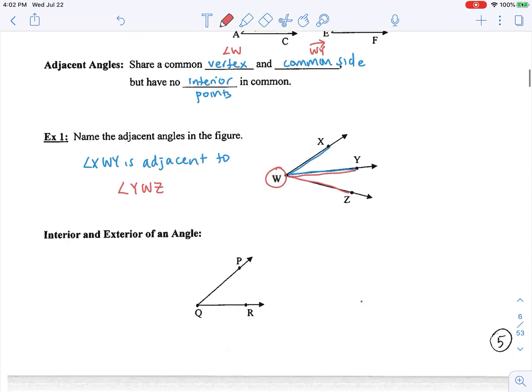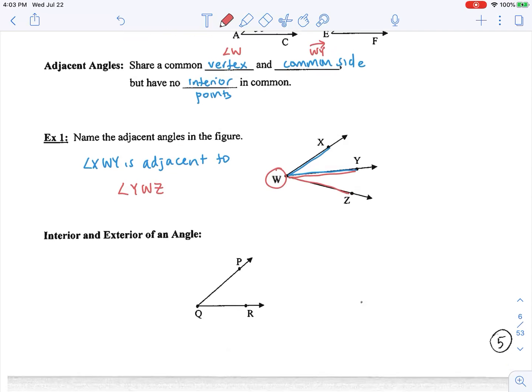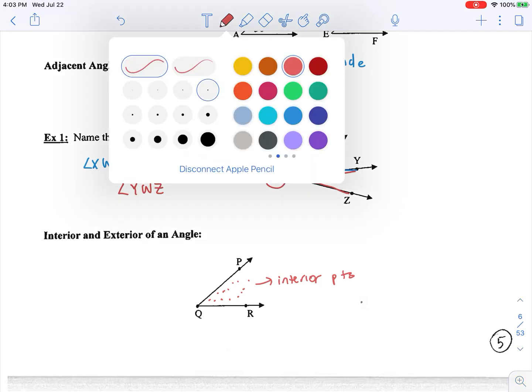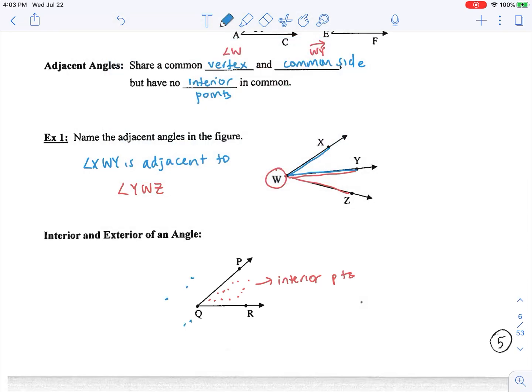In the definition of adjacent angles, we talk about interior points. Interior points and exterior points of an angle: if I'm looking at the very last diagram on this page, angle PQR, the points that are inside the angle are the interior points. So all of these pink dots that I'm drawing are interior points, as opposed to points that are outside, which are called exterior points.